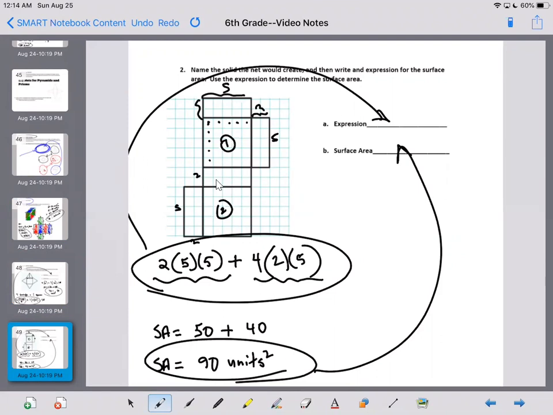And then we looked at nets, and we looked at surface area, and we looked at different types of three-dimensional figures. So breaking down those three-dimensional figures into nets and finding surface area was the last part of this. So this concludes part 2 of our 6th grade geometry video series.